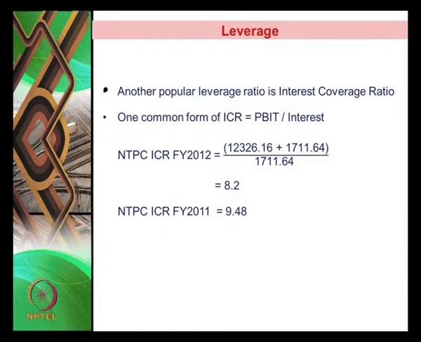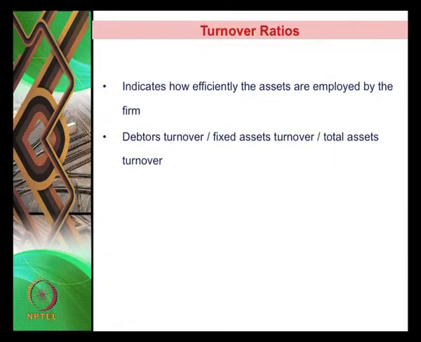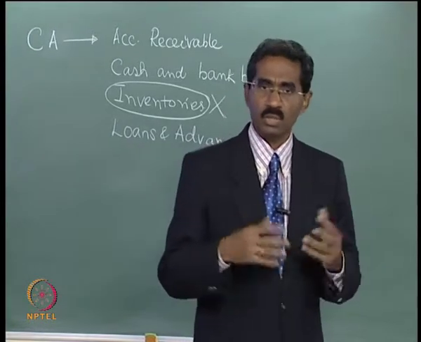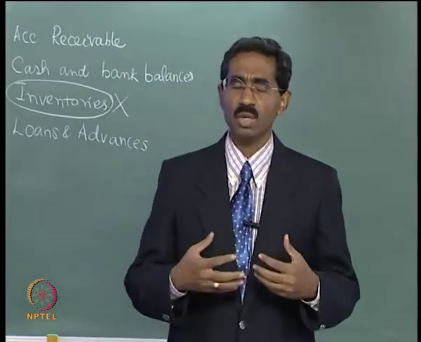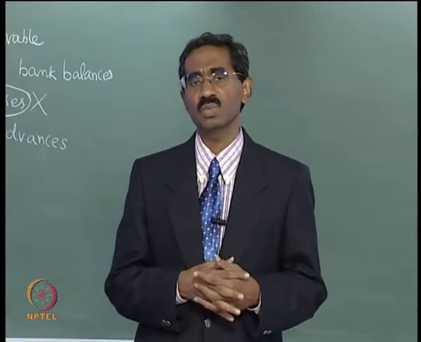Next, we will look at the sixth performance parameter, which is your turnover ratios. Now, as we can see, each and every parameter looks at one particular aspect of performance of the company. In the case of leverage, we are trying to see to what extent the company is actually levered.